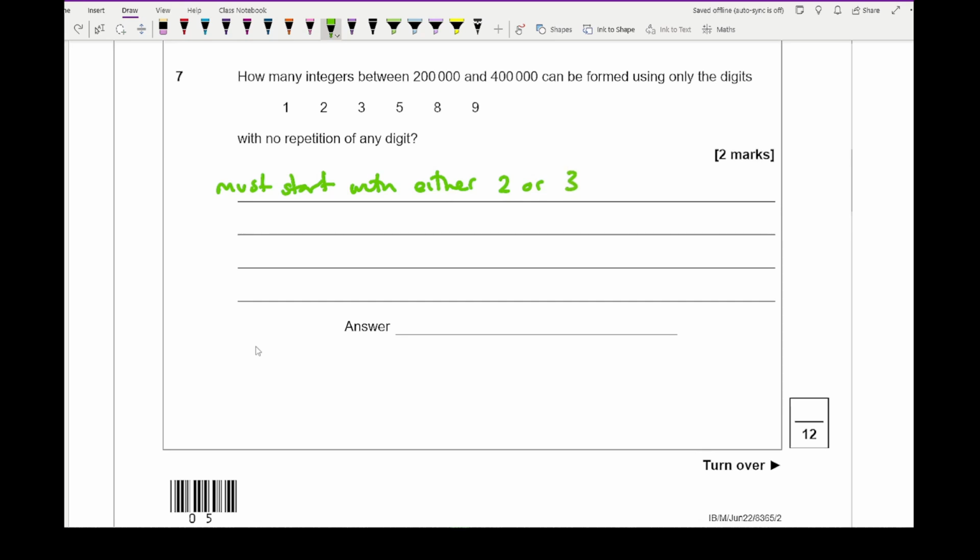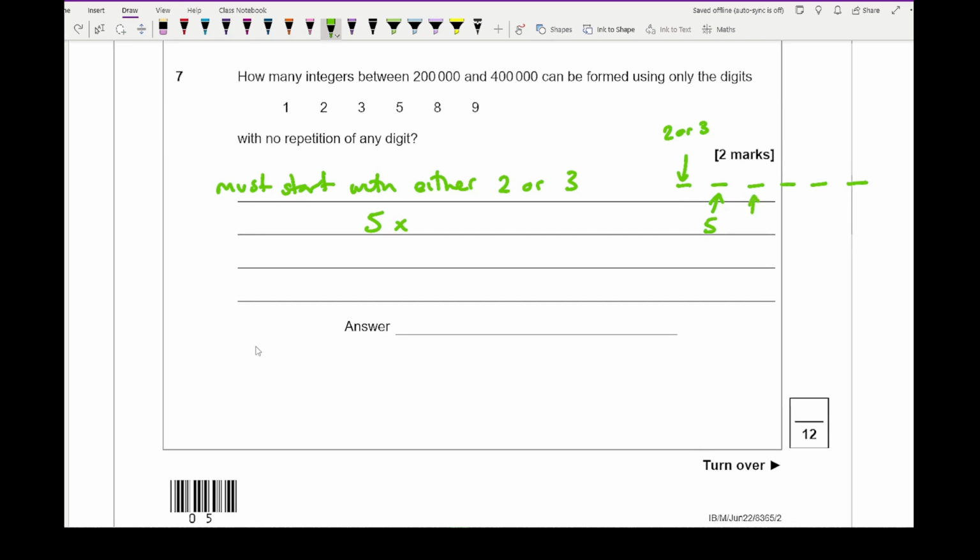Now in order for it to start with 2 or 3, if we ignore those numbers, then for the 3rd digit, if I just go 1, 2, 3, 4, 5, 6, this number needs to be a 2 or a 3. Then out of the numbers left, I've got 5 options.